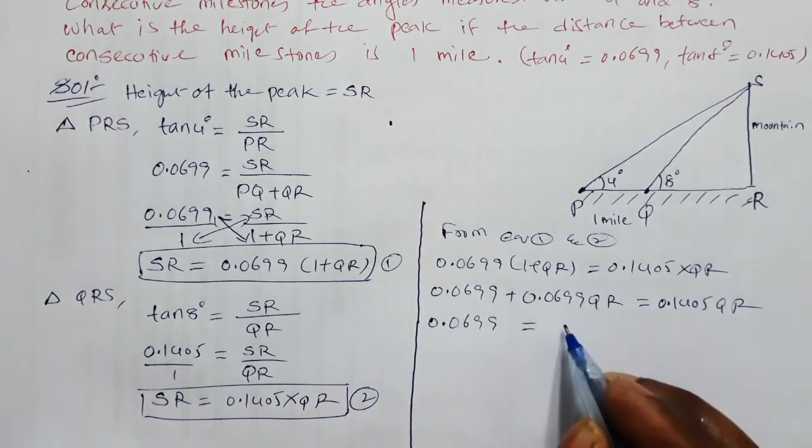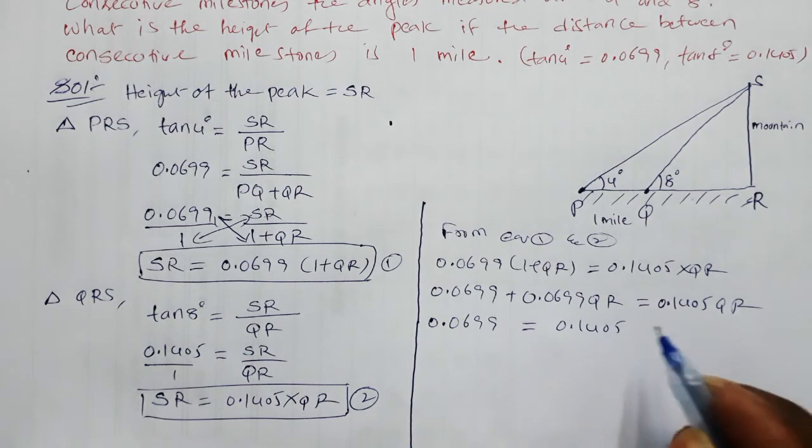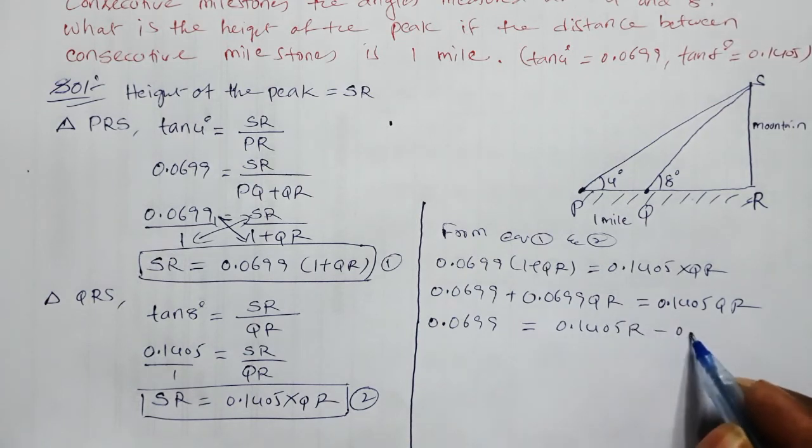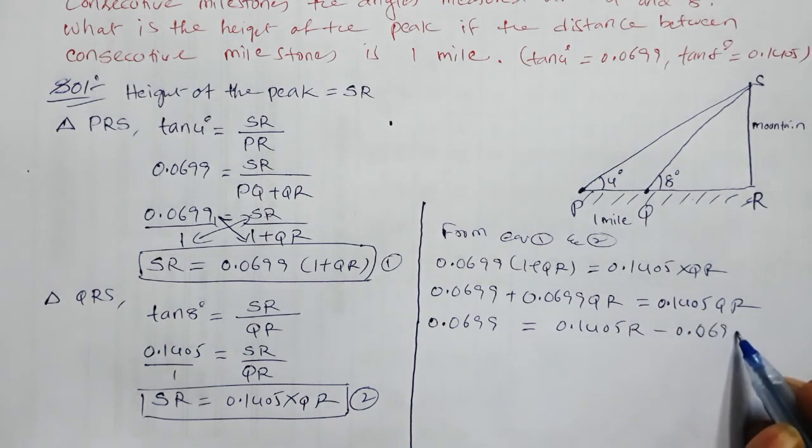0.0699 equals 0.1405 QR minus 0.0699 QR.